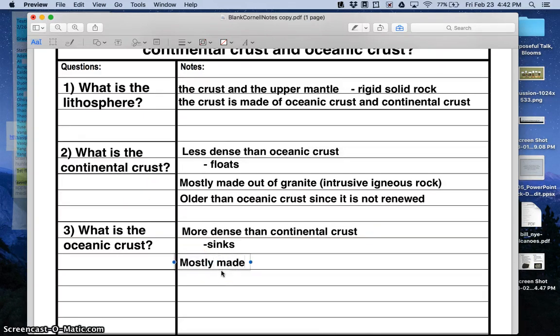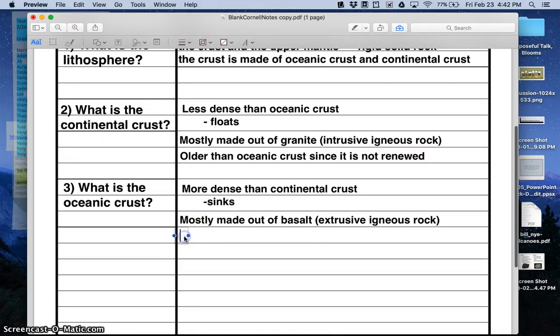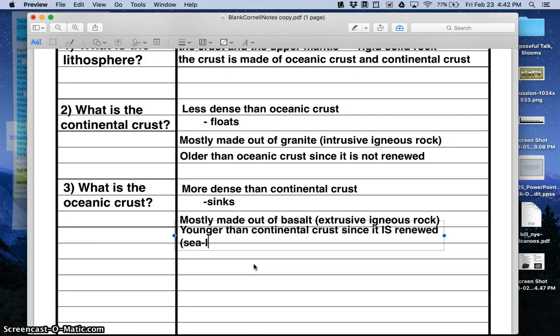It's mostly made out of basalt, which is an extrusive igneous rock. And it is younger than continental crust, since it is renewed, and that process is seafloor spreading.